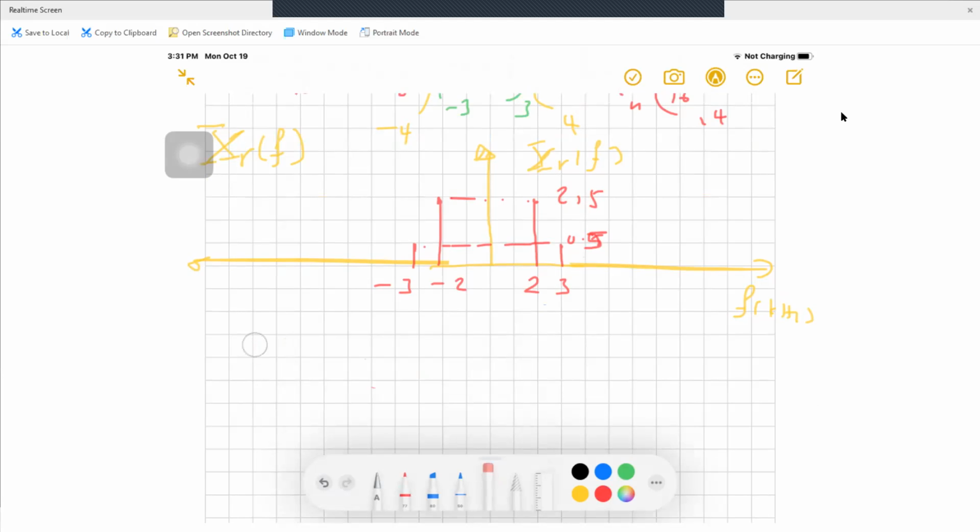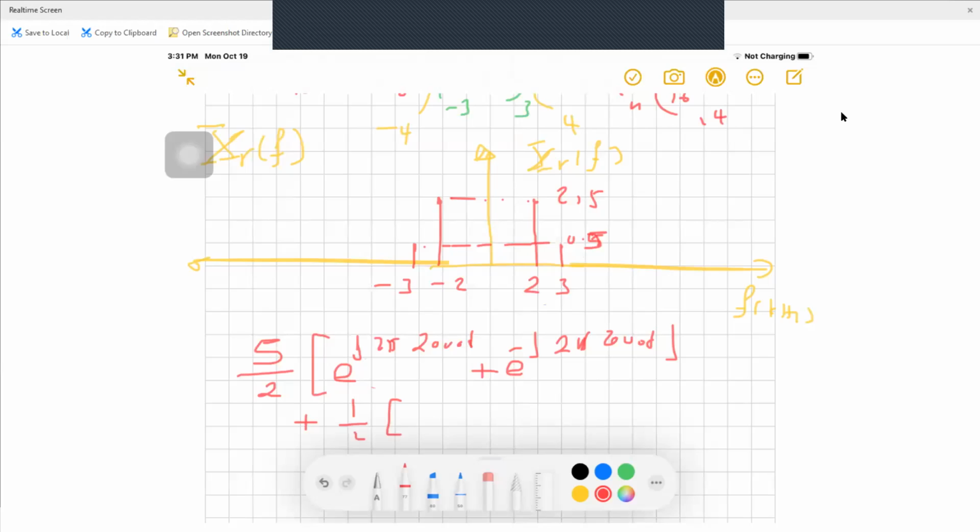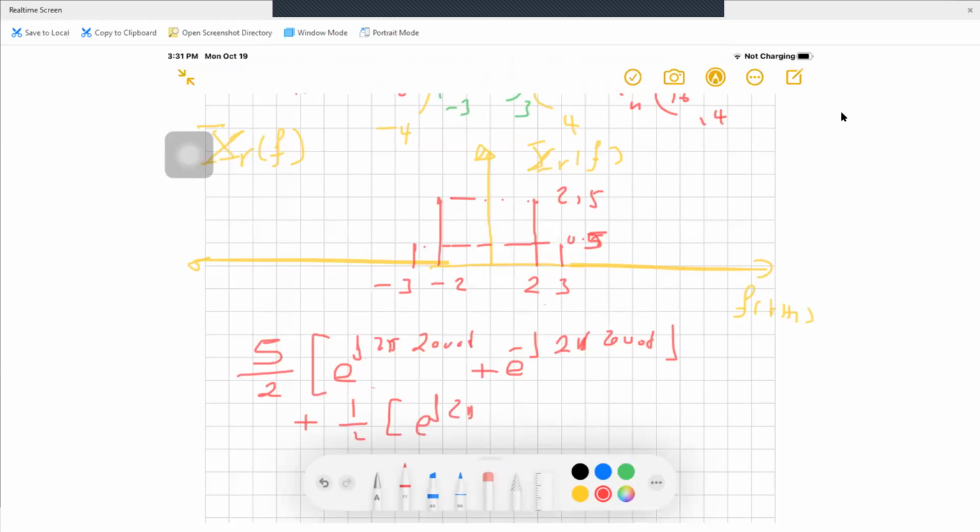Let me write it in this form to be easier: 5 over 2 times e to the j 2 pi 2000 t plus e to the minus j 2 pi 2000 t, plus 1 over 2 times e to the j 2 pi 3000 t plus e to the minus j 2 pi 3000 t.